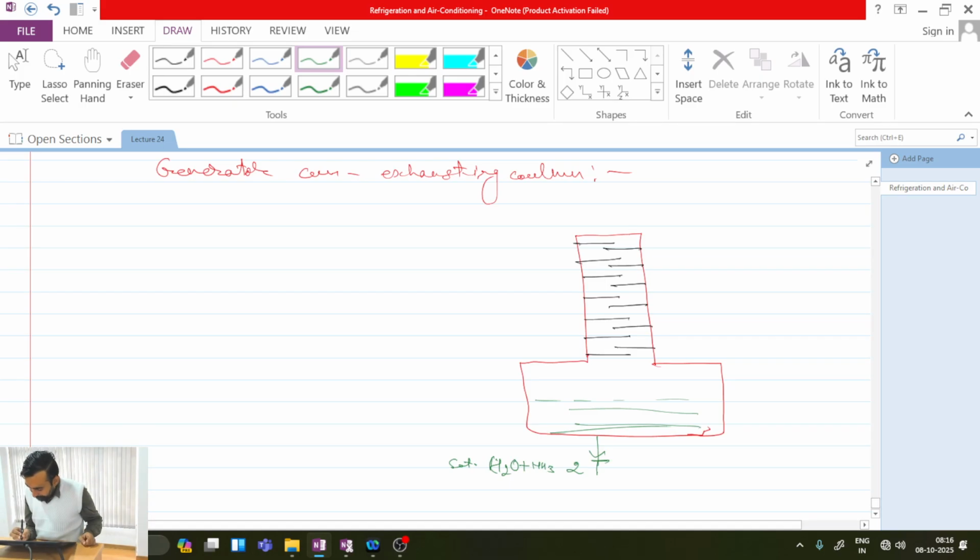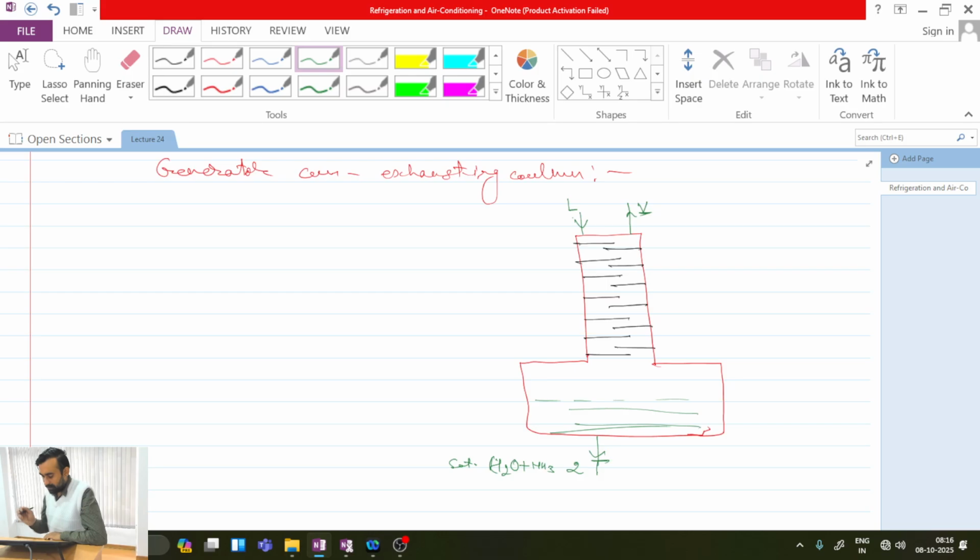And from this, what will be going up above? This will be vapor state. And from here, what will enter? We will be getting liquid state. So basically, two liquids are coming. One is the liquid which is dripping from the dephlegmator. That one will come, and the other, the strong solution which is coming from the analyzer, will also join.